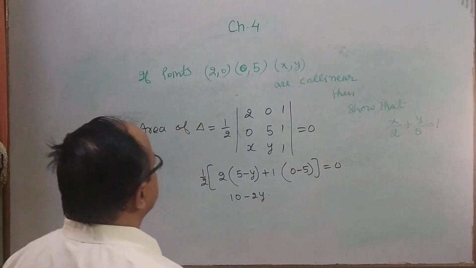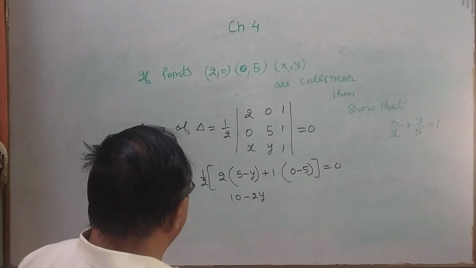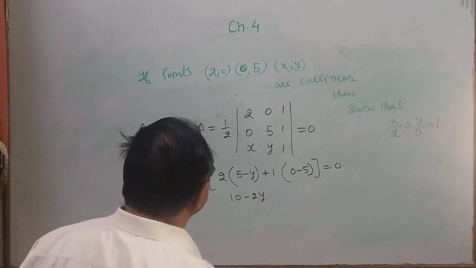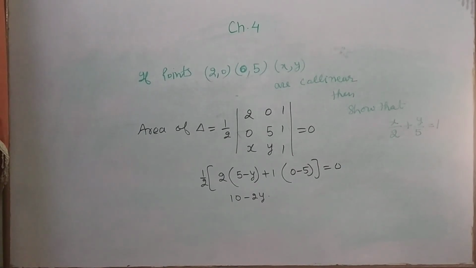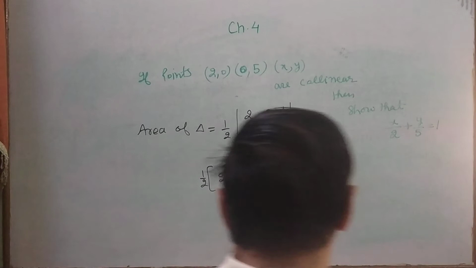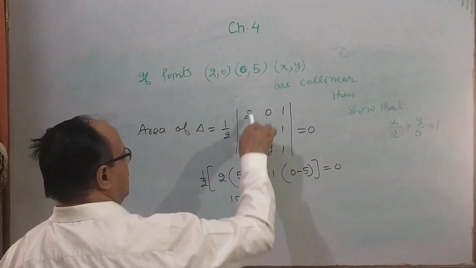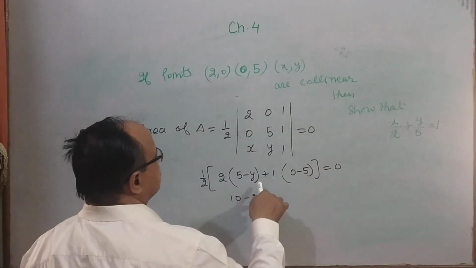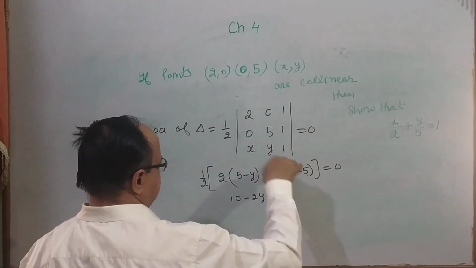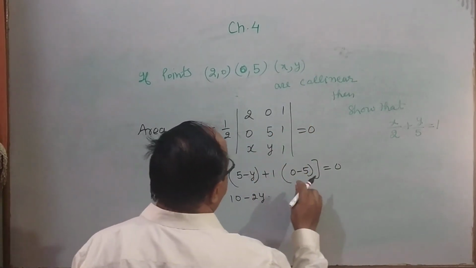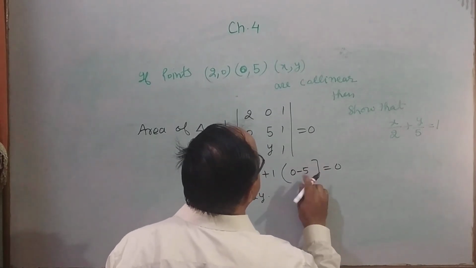When you simplify, expanding by R1, this cancels, 5 minus 5 plus this will cancel, that is 0 minus 5x.